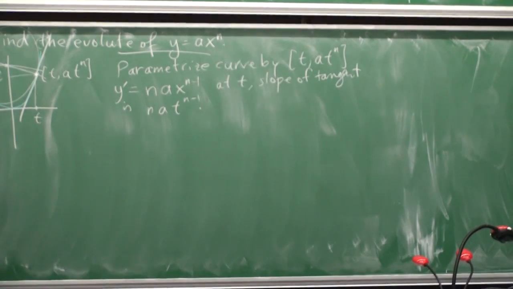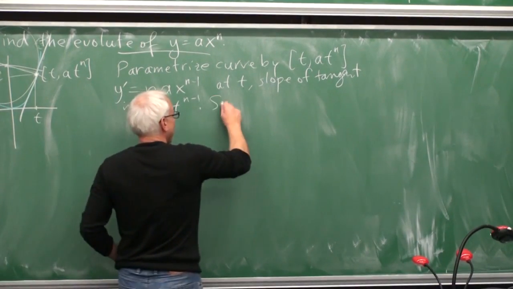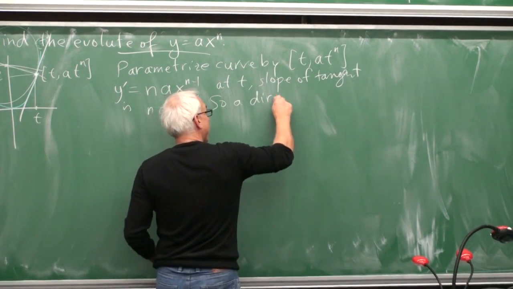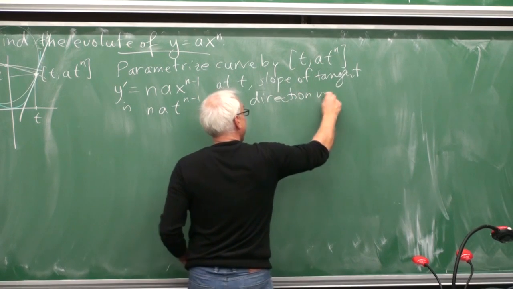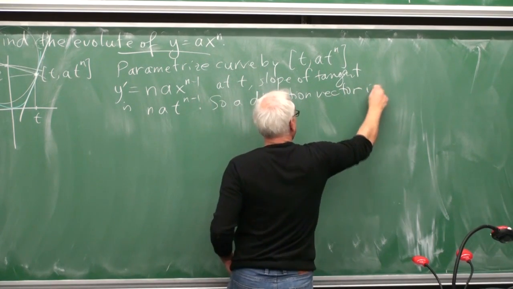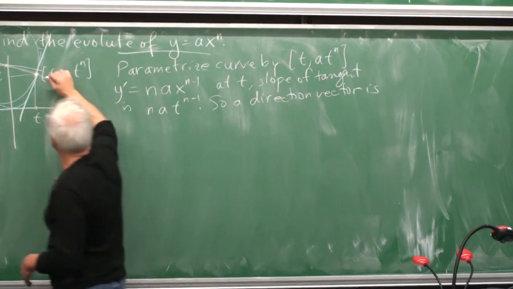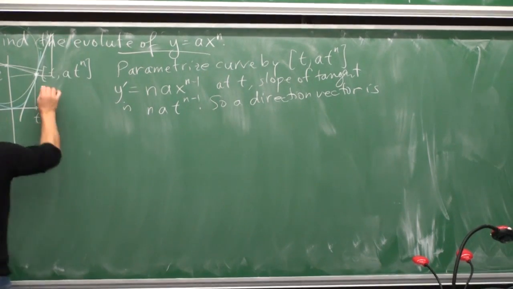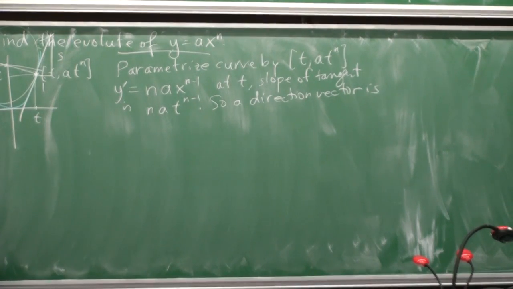That's the slope. And so a direction vector for the tangent is, think of it as 1 and the slope. Then a direction vector is 1 comma s.